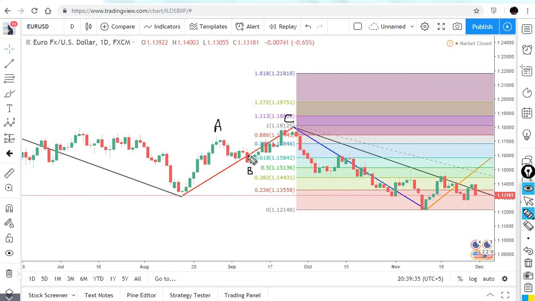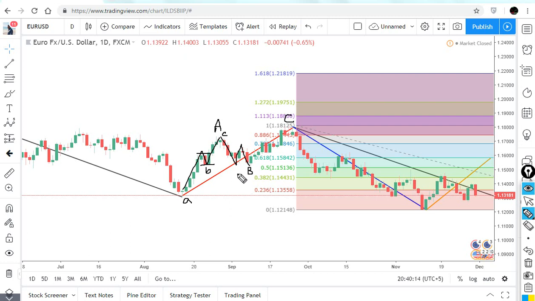Now how do I confirm this setup? Our rule number 2 is the wave in the waves, right? Now from here to here, you see this. That means the market goes up and then retraces back and goes up. So what do you find here? You find another wave of A, B and C, which is giving you the clue or evidence that the next wave will go down, according to ABC, like this, this and this.